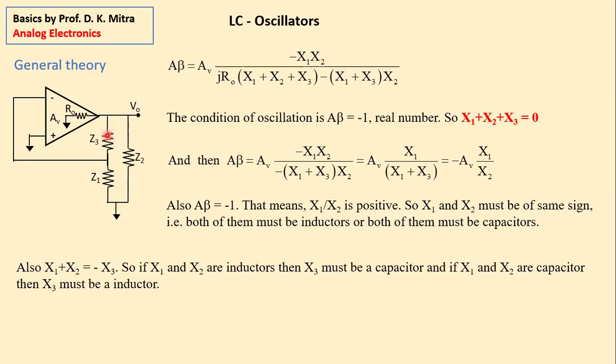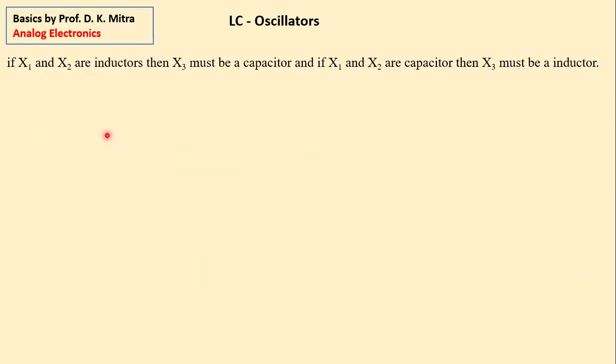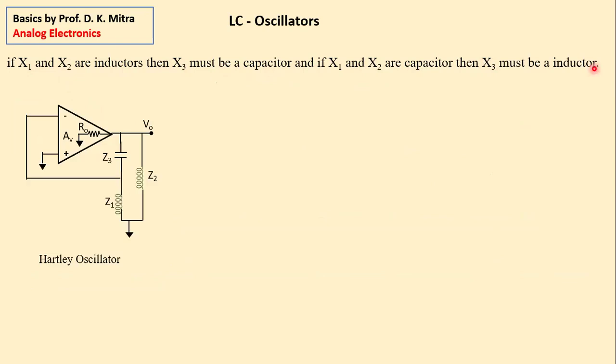This is the general theory of oscillation of LC oscillators. Now, we repeat here, if X1 and X2 are inductors, then X3 must be a capacitor. And if X1, X2 are capacitors, then X3 must be an inductor. Accordingly, there are two types of LC oscillators basically available.